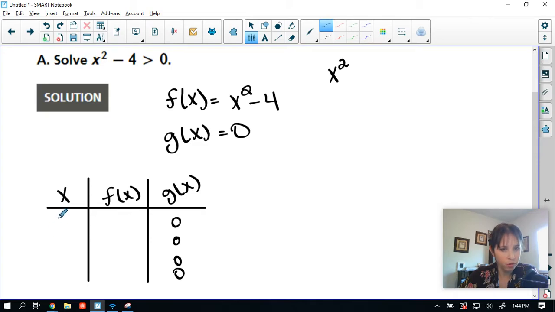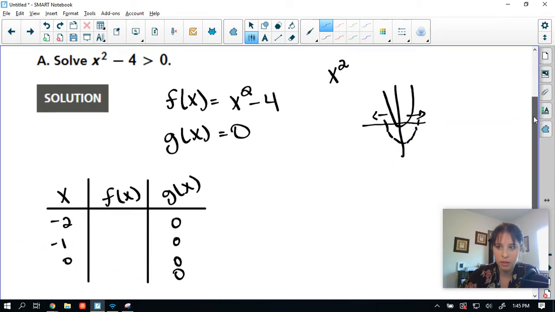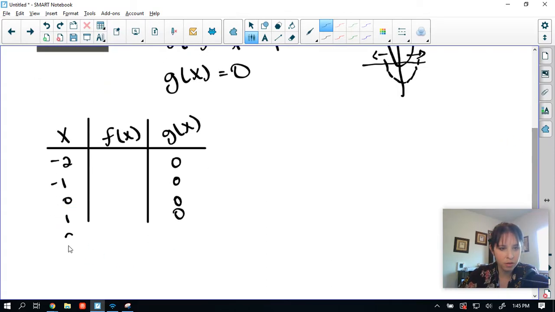Move down 4, so this should not make a difference. So this is going to be -2. And what I'm saying in my head is, do I have to actually move my parabola from the origin? Because this is a parent function. Do I have to move it this way or this way? And because we're moving it down 4, moving it down here, the vertex will still be at 0.